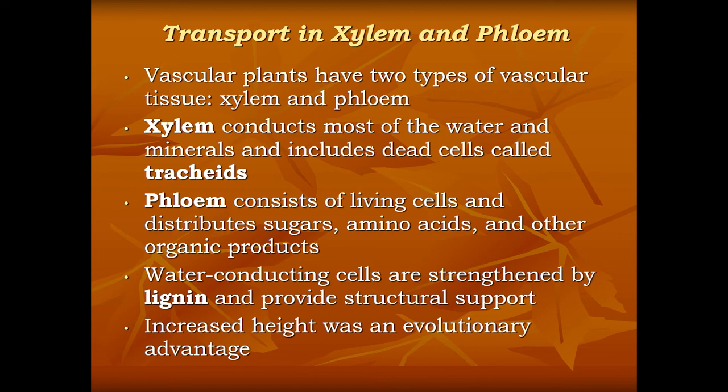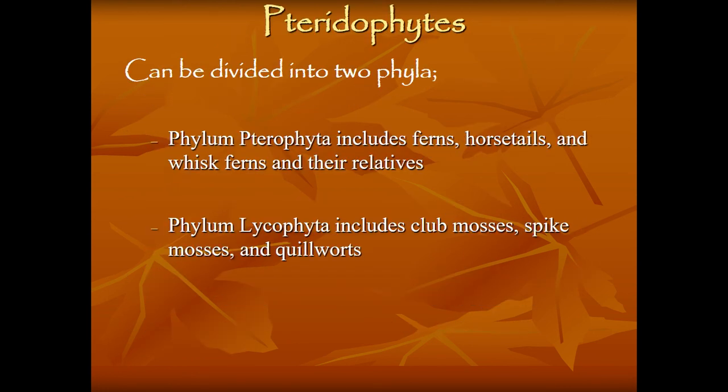The xylem is used to conduct water and minerals, and includes dead cells called tracheids, and the phloem conducts sugars and amino acids produced through photosynthesis to the other parts of the plant. Their water-conducting cells are strengthened by lignin, which provides structural support, and they can increase in height, which was an evolutionary advantage due to the vascular system that they have.